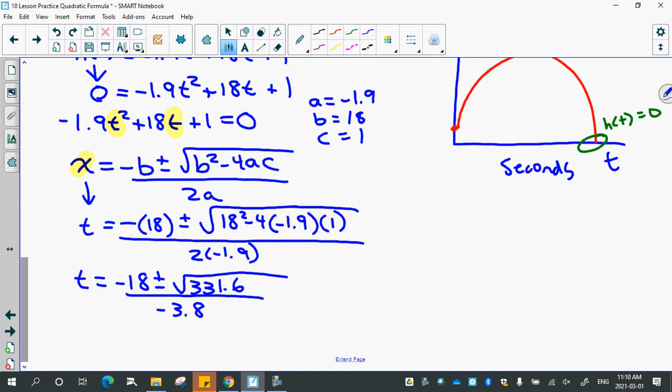Now I'm not worried about reducing that radical because it's a word problem, but I am interested in whether it's a perfect square. So I'm going to see if I can take the square root of 331.6. No, it's a decimal, so I'm just going to leave it for my calculator to deal with. But I tried to see if that was a nice decimal, but it's not. Okay?